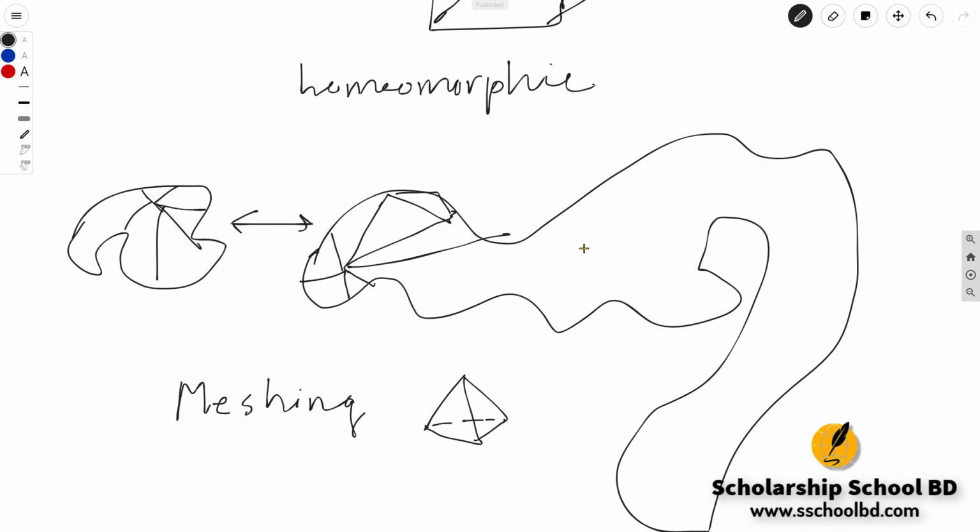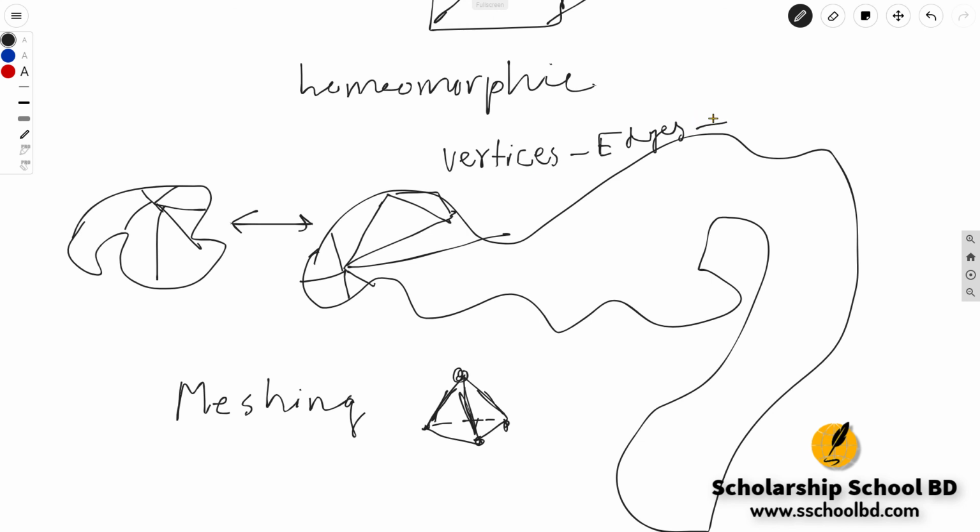So if you divide this entire space with this meshing technique and you count the number of vertices, so vertices are these end corner points. These are the vertices. If you count the number of vertices, and then if you count the number of edges, these are the edges, and subtract it from the vertices.